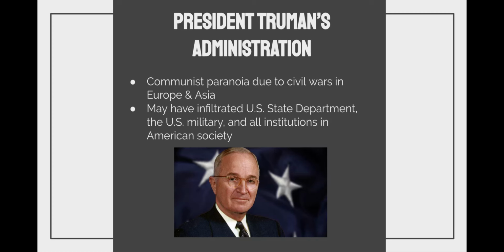So the idea of communism is definitely an appealing one. Okay, President Truman is also worried that communist spies, people that work for the Soviet Union, may have infiltrated the United States State Department, the military, and maybe all institutions in American society.